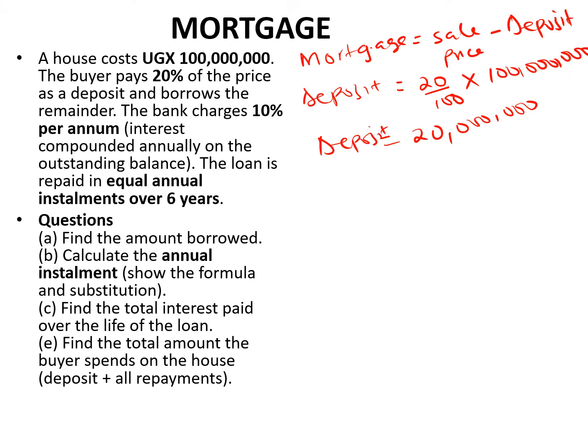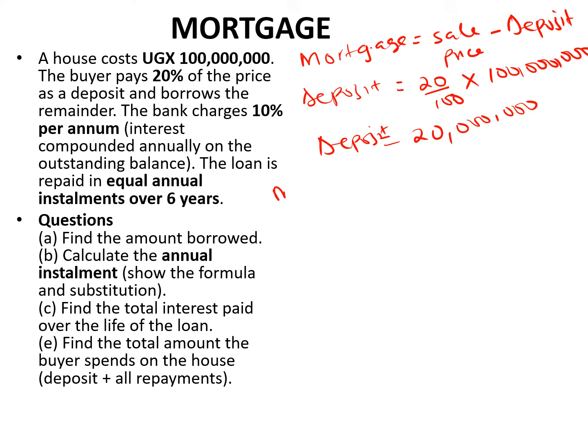Now, after getting a deposit, you ask yourself, after making a deposit of 20 millions, and I have to pay 100 millions, the remaining money after making the deposit is what we call the amount of mortgage, the amount of money borrowed to purchase a home.